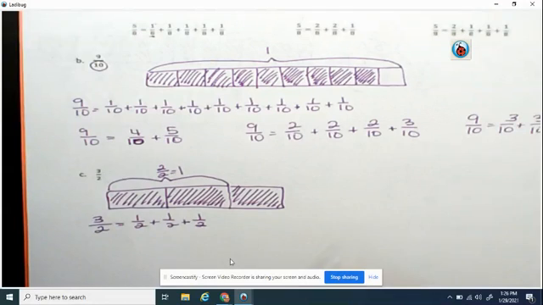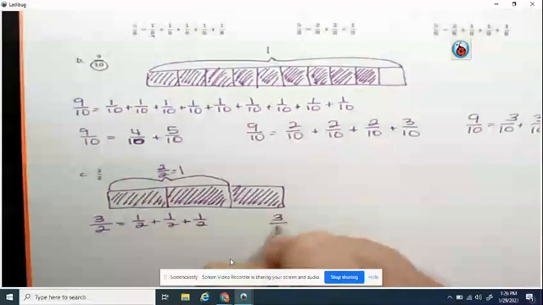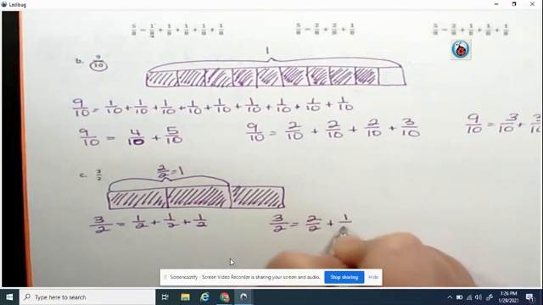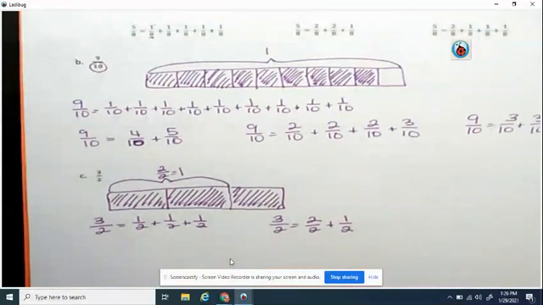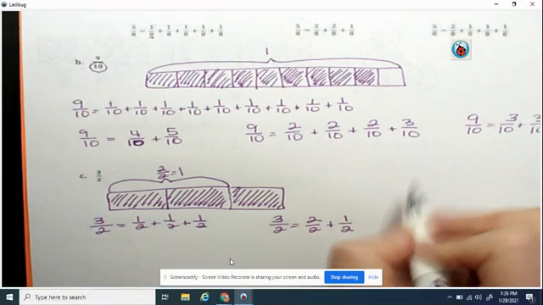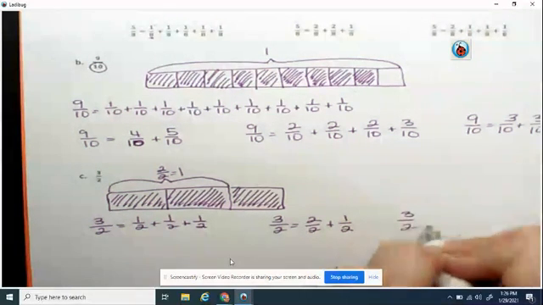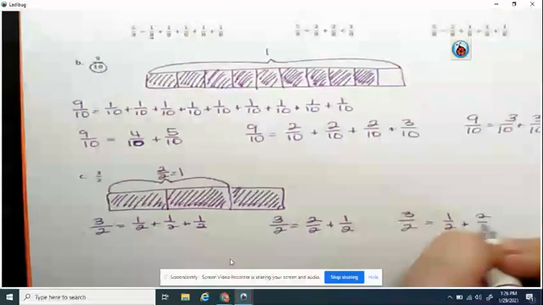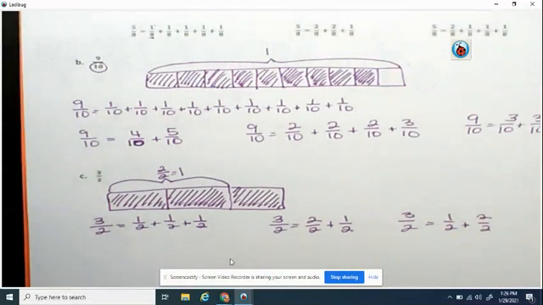Another way I could do 3 halves would be to do 2 halves plus 1/2. And really the only other way to do 3 halves, because it's only 3, would be 3 halves is equal to 1/2 plus 2 halves. Same thing. I can't break that one up nearly as much as I could break up that 9. So those are the 3 different ways that I could do 3 halves, breaking it up into unit fractions.